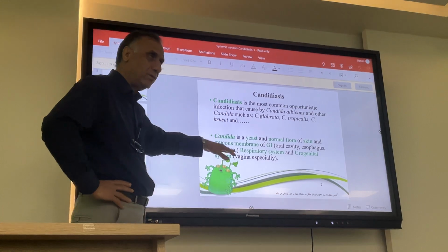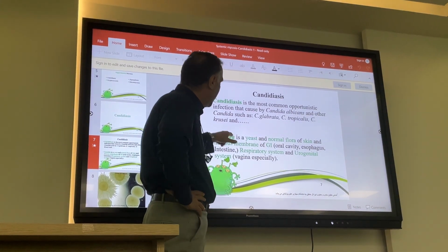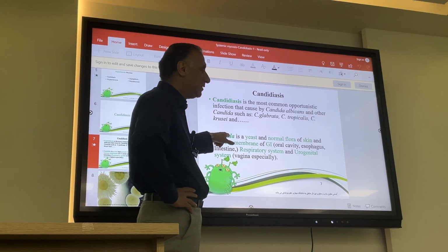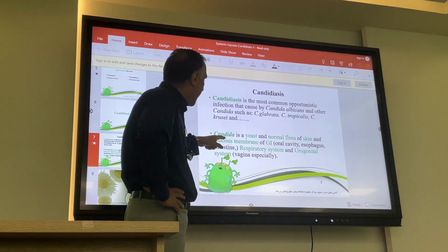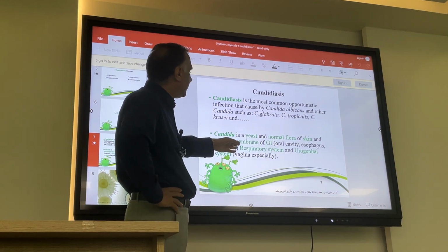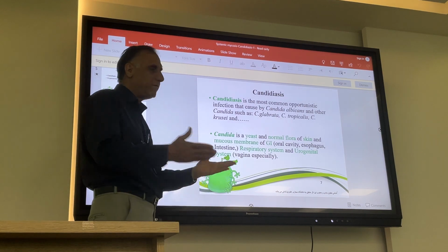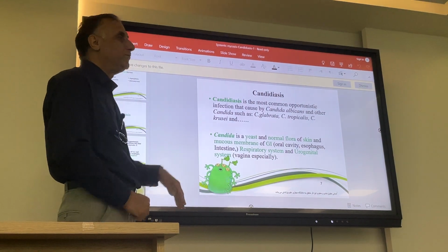You can find this normal flora, Candida, on the skin and epithelium of the GI tract, respiratory system, and urogenital system. You can find it normally.